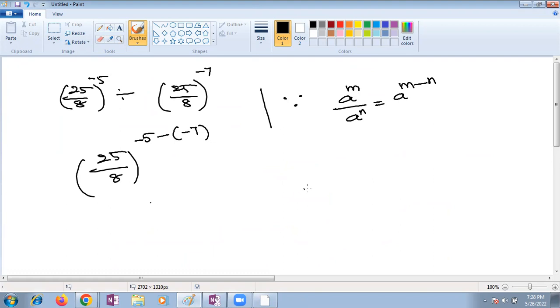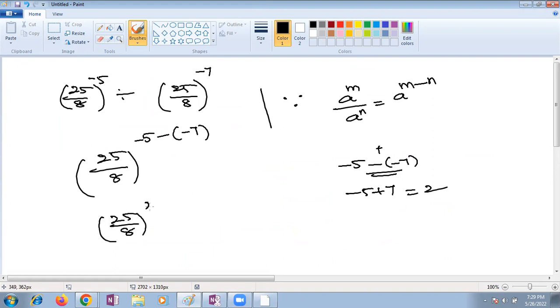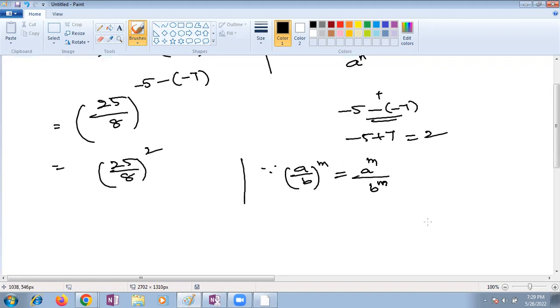So it is nothing but, see, if you see in integers, minus of minus becomes plus, children. So minus 5 plus 7 is nothing but positive 2. So once again you need to rewrite in exponential form. It's positive 2. Once again you need which law of exponent: a by b whole power m is a power m by b power m.